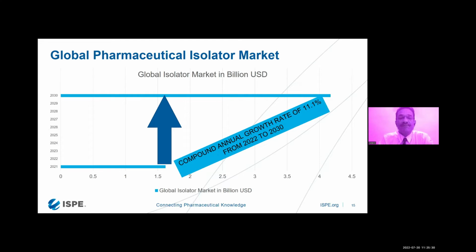Over a period of time, we have seen the isolator market getting more and more sales for compounding isolators, dispensing and sampling isolators, sterility test isolators, and even for filling lines like vial, PFS, and ampules. More and more companies are going for isolator technology, preferring it with all the modern features developed along with the isolators.